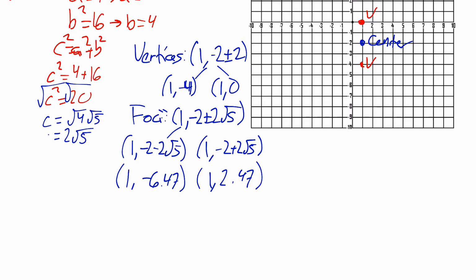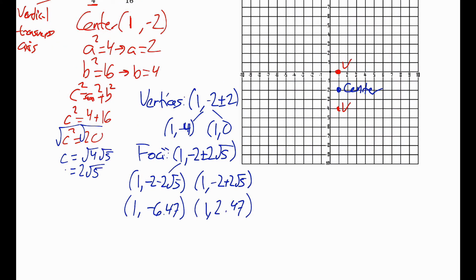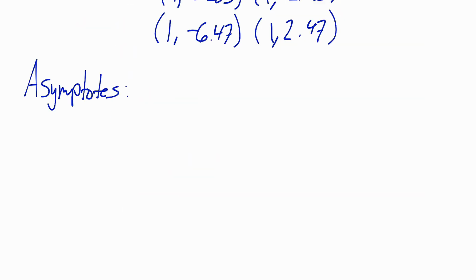So when we plot those on our graph, we're going to do our best to make it as close as we can. 1 comma -6.47, that's a little less than halfway between -6 and -7. And 1 comma 2.47, that's a little less than halfway between 2 and 3. So we got our foci there.